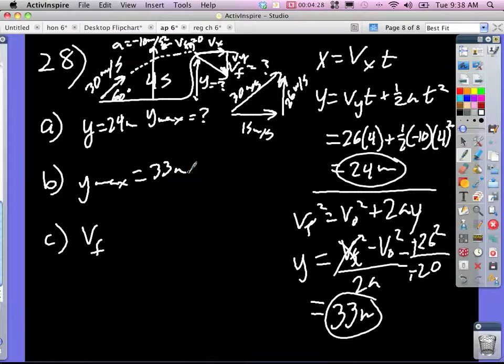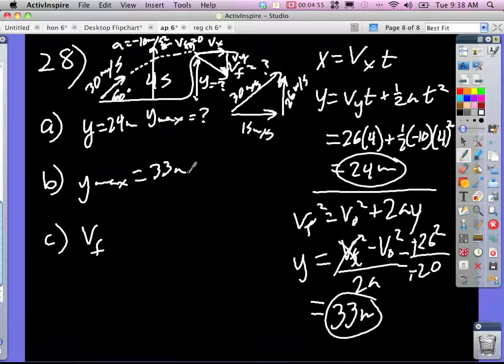And then I ask myself, of the ones that have y in it, which ones do I have the most information for? If I look at this one, do you see that for the maximum, I know that at the maximum point, the y velocity is 0. So that's v final, and that's what helps me, because I know v0 and I know a. So by using this equation with that piece of hidden information, I can find y.